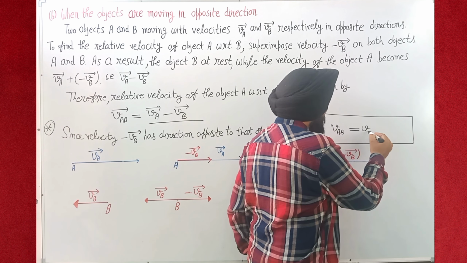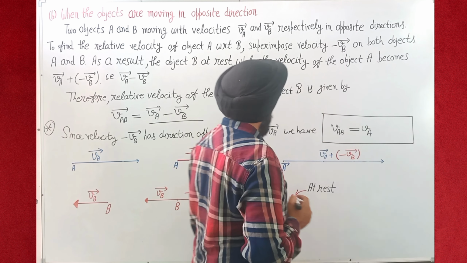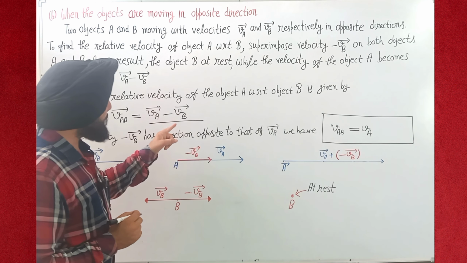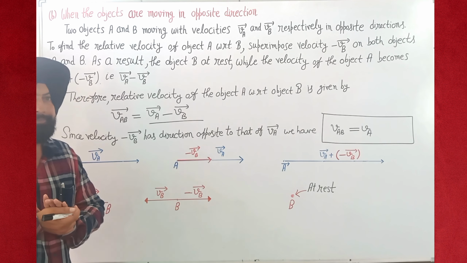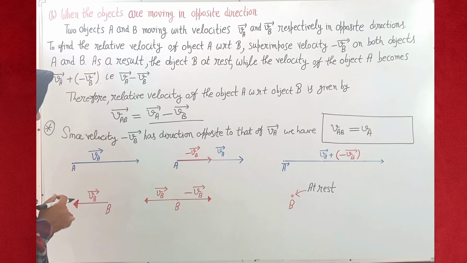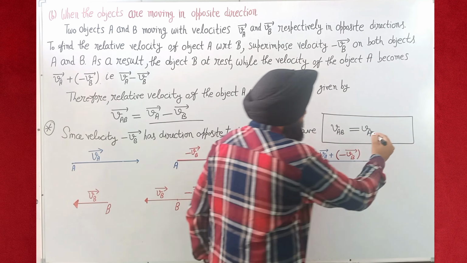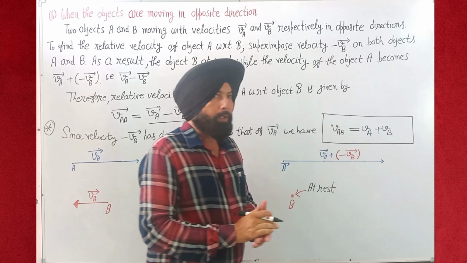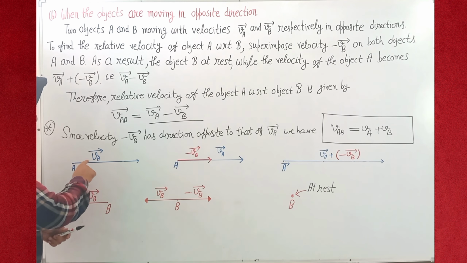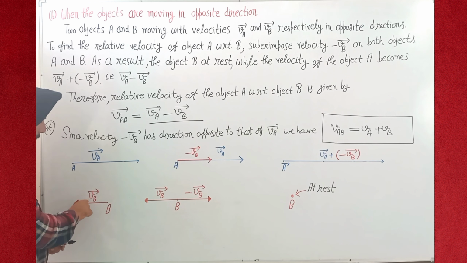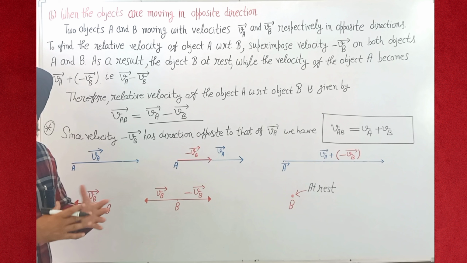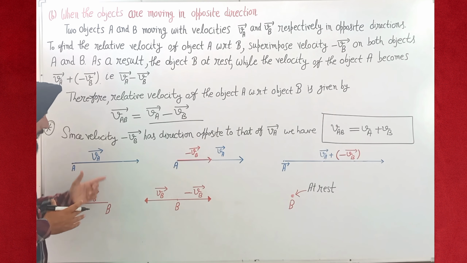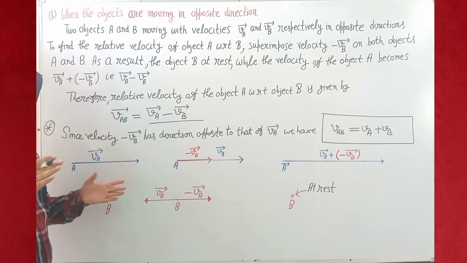VAB equal to VA, now minus VB vector becomes plus VB, because VA vector and VB vector have opposite direction, both objects moving oppositely.